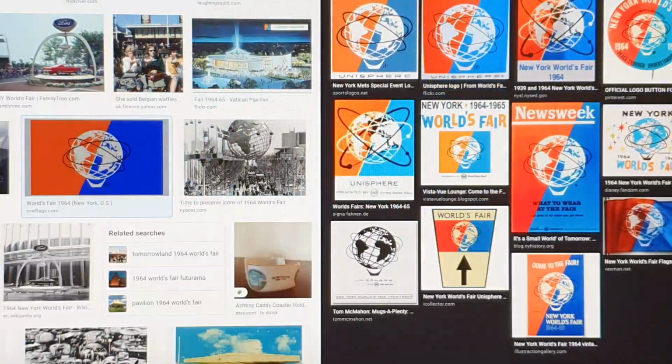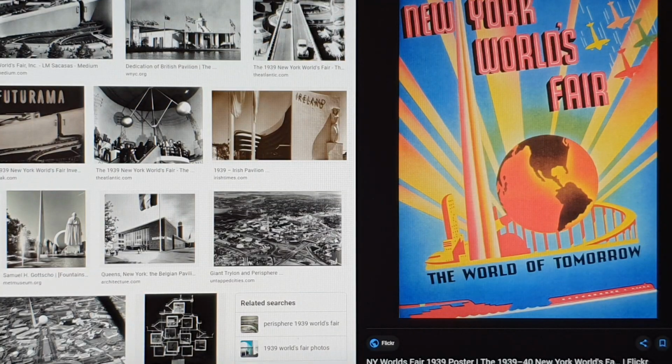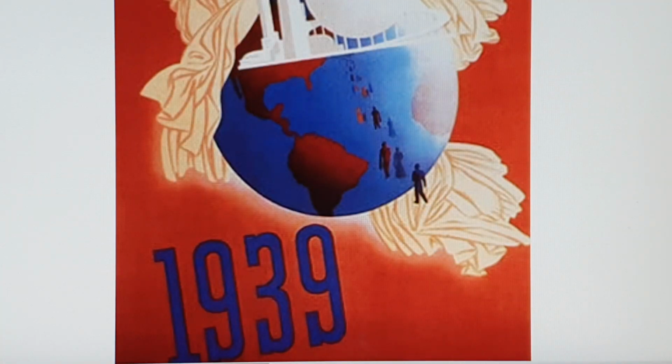Okay, I think that's covered everything. I hope I haven't made you too dizzy with all the windows. So for whatever reason, the 1939 and the 1964, and even the props for 2015, well, obviously they had to be based on '64, whether they realised they were wrong or not.